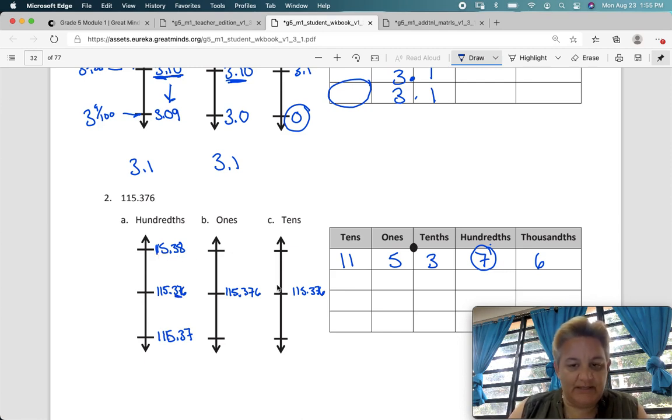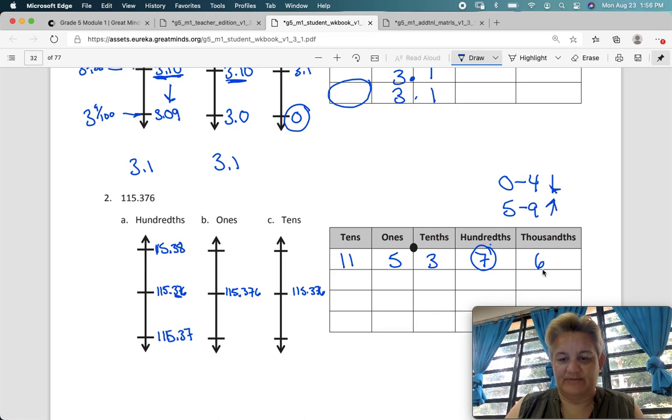Now we're going to look at this next number and decide, should we go up or should we go down? Okay, so this is a 6. Remember, 0 through 4 go down, and 5 through 9 go up. So if this thousandths is a 6, that means that the hundredths go up.